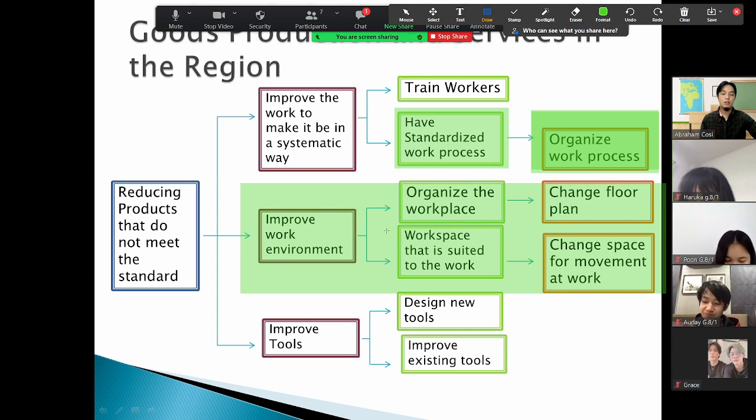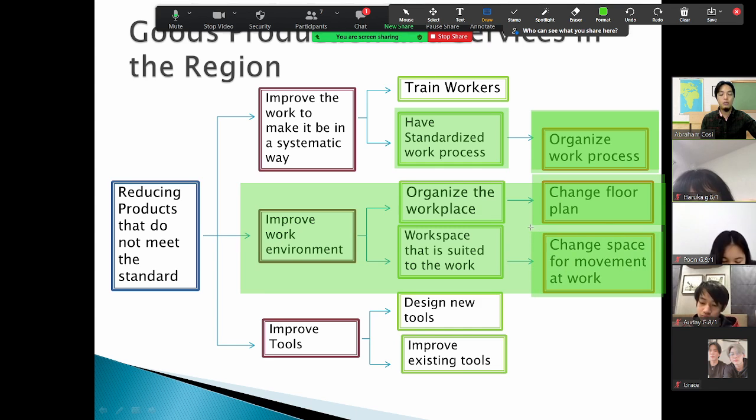Next, we move to the next path here, which is to improve the work environment. To do this, we need to organize the workplace, and going further, we need to change the floor plan. Like what I've discussed before, you need to have the steps wherein you can easily move the products. When you change the floor plan, you will be able to change the space for movement of work.